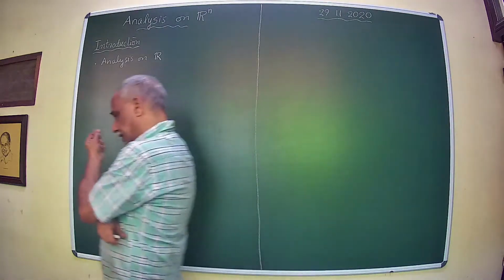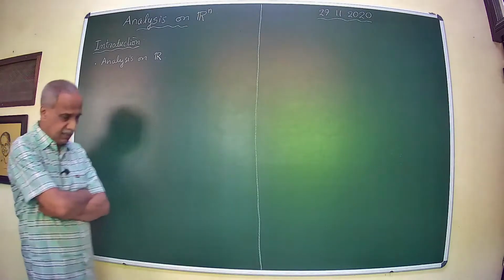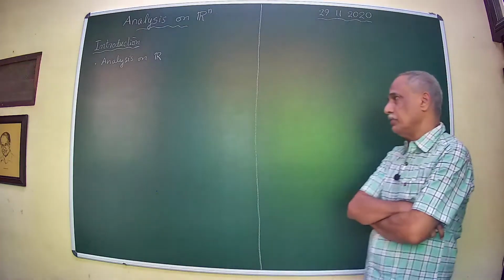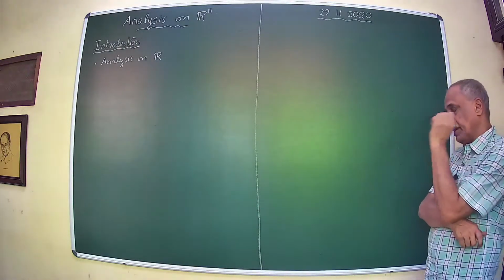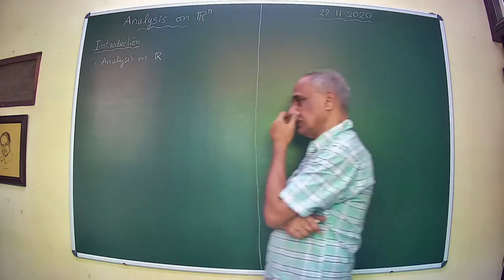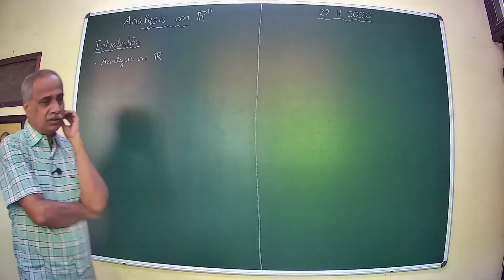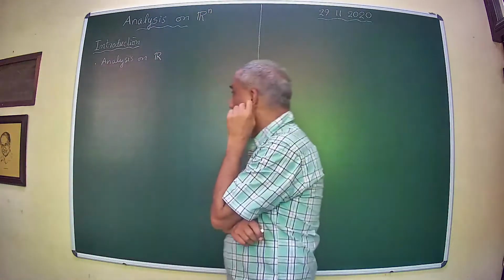For every real number, you can attribute what you call a length, and then between two real numbers, you can define a distance using this length concept. So it is a normed linear space.